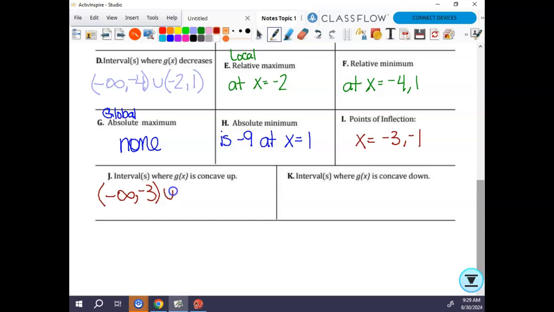Yes. Starting where? -1 and going to infinity. Good. Make sure you're looking at your graph because I didn't scroll. And then intervals where g of x is concave down would be what? -3 to -1. Okay.